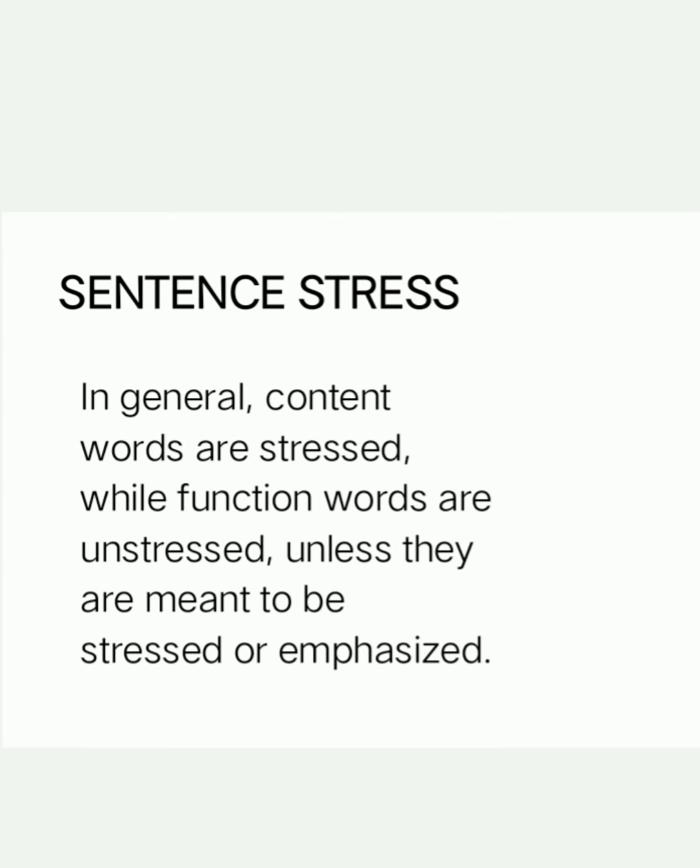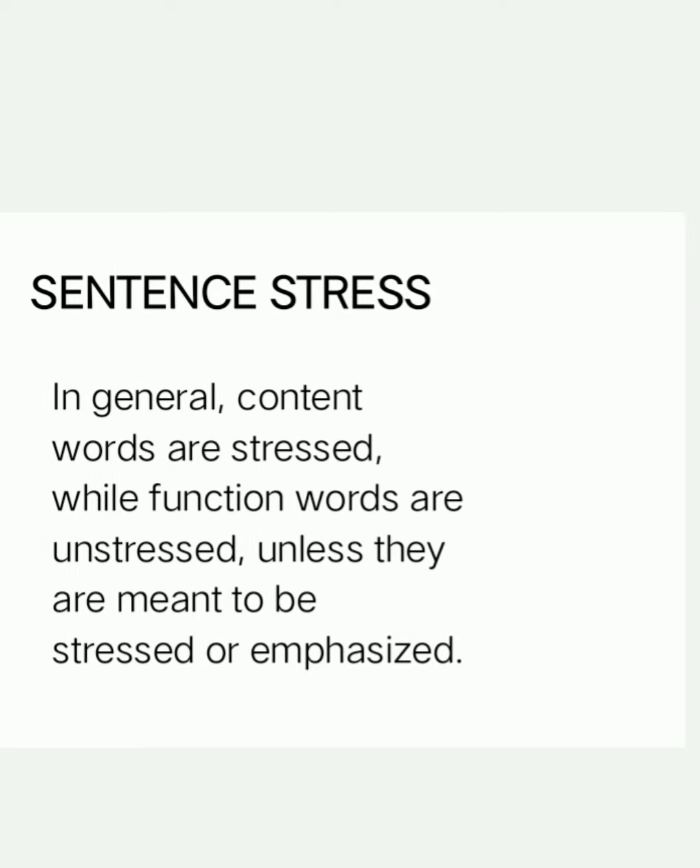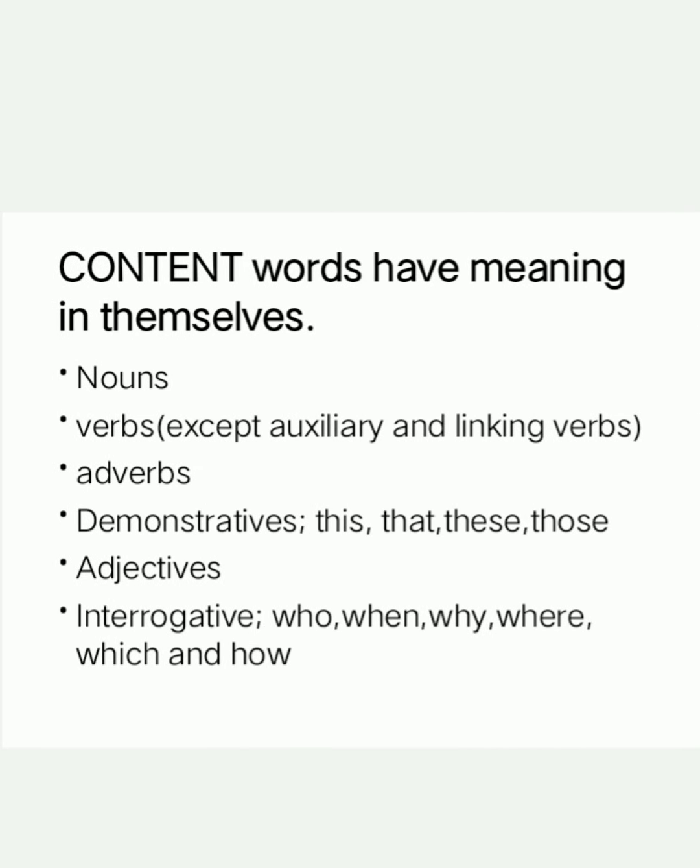There are many different types of stress in English, and stress is used in many different ways. So the other term of sentence stress means certain words are pronounced with stronger stress than others. Here are the six content words, which have meaning in themselves.